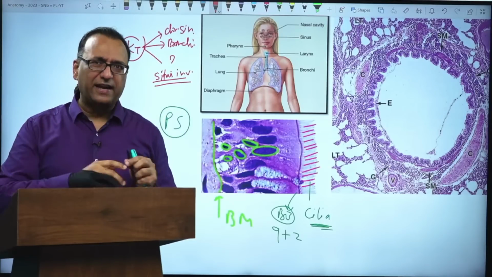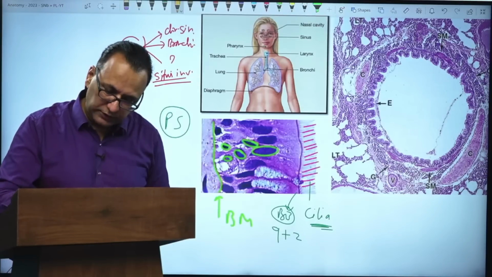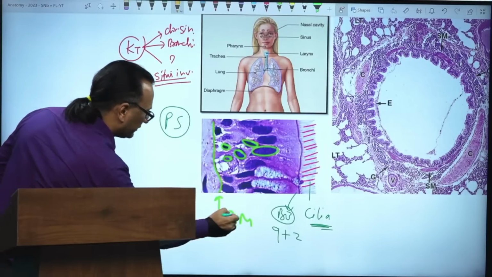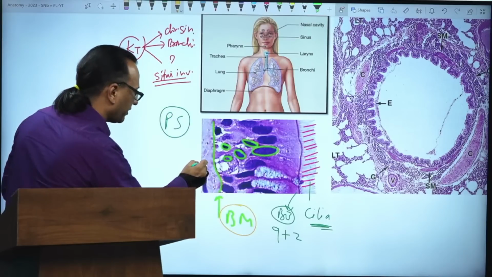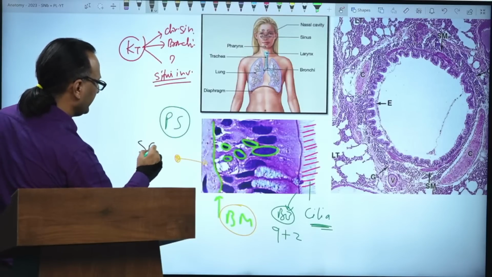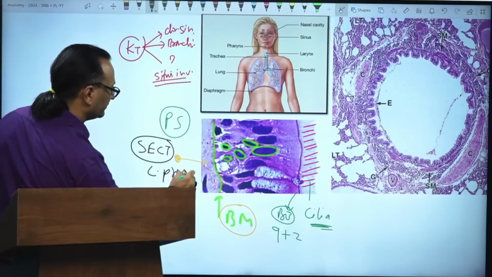Okay, other thing, one question came. It was asking about this basement membrane. There was a marker at basement membrane and there was a marker here. This is basically subepithelial connective tissue, which is also called as lamina propria.